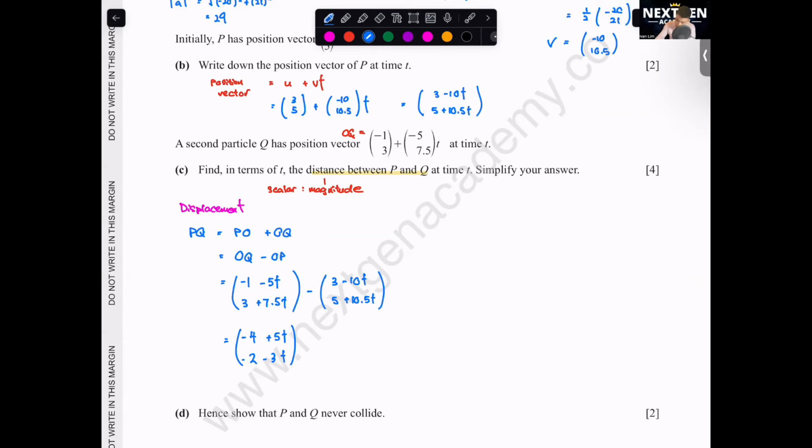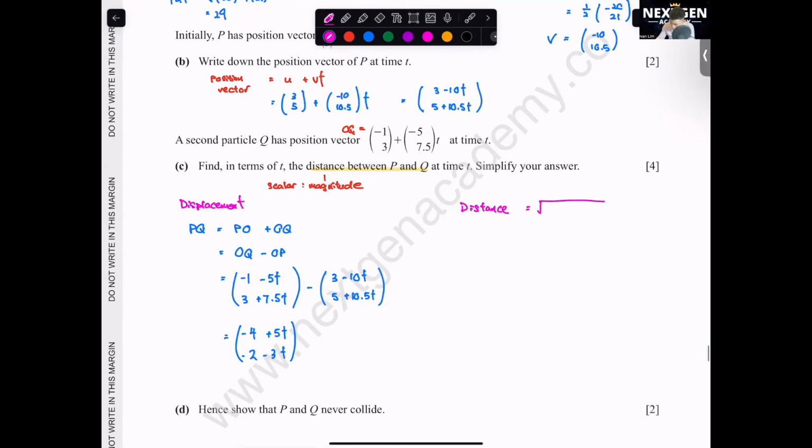Displacement of PQ. To find the distance of PQ, we are going to use square root x squared plus y squared for this x and y. Substitute in. So here will be square root of -4 plus 5t squared plus -2 minus 3t squared.